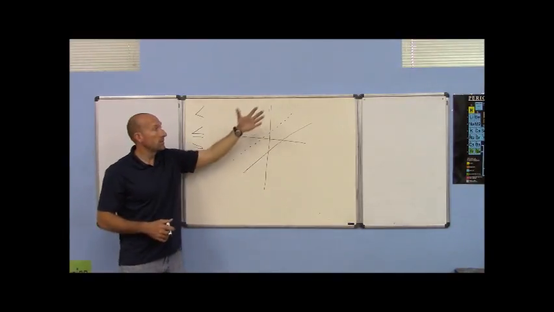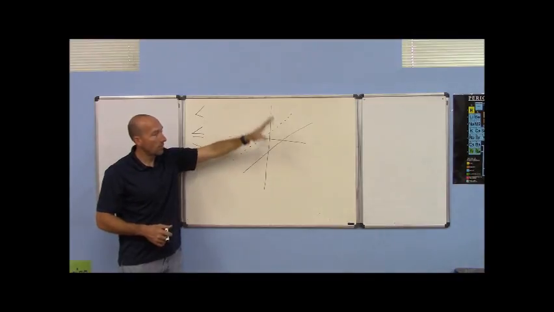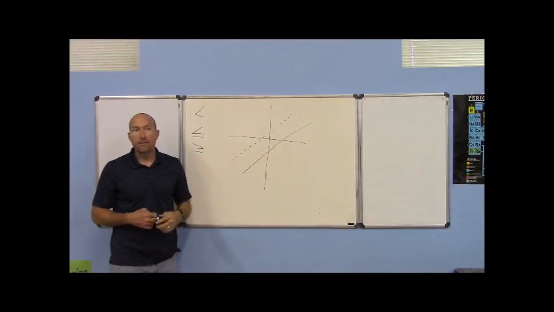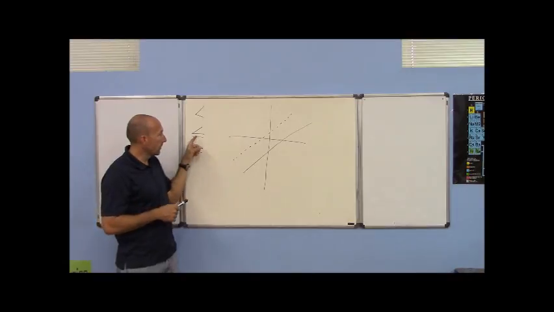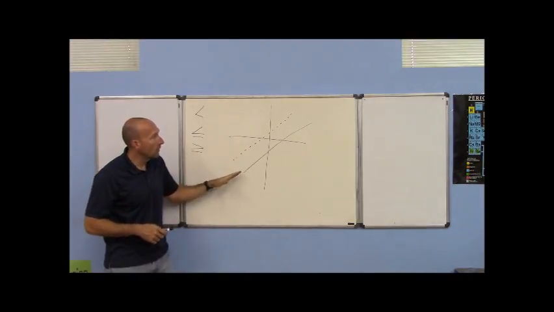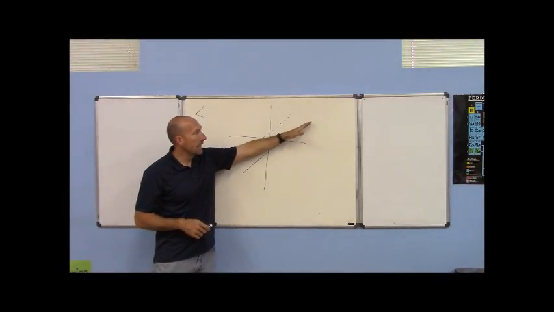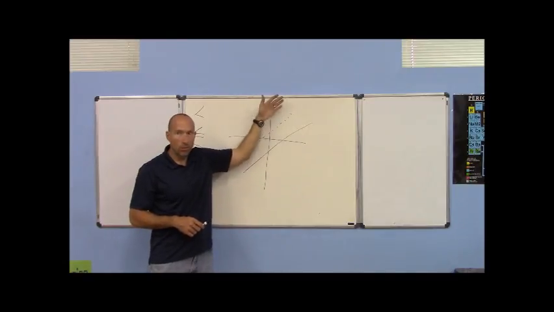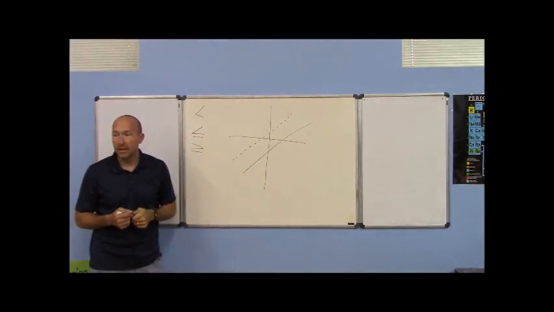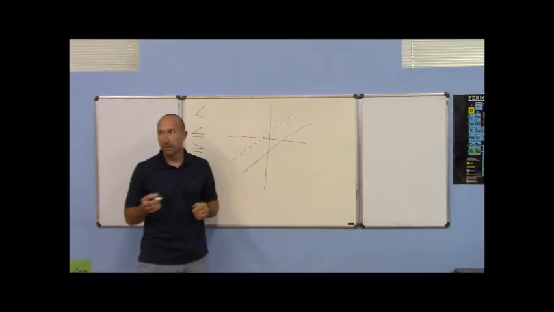If it is greater than or equal to or less than or equal to, it will fall on that line and one side or the other. So there will be an area that's shaded. Okay?